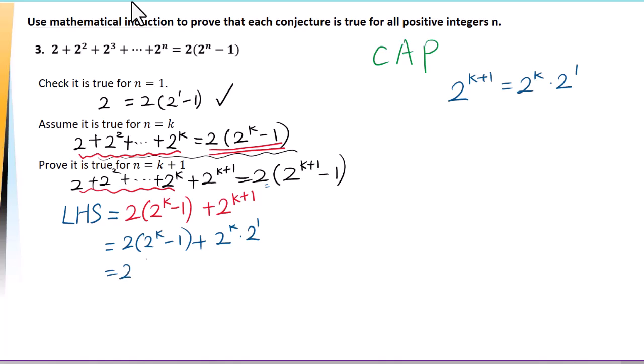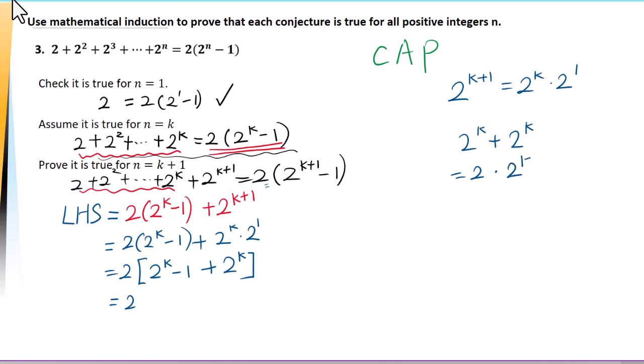Now I take a 2 out: 2 times (2 to the kth power minus 1, plus 2 to the kth power). 2 to the kth power plus 2 to the kth power equals 2 times 2 to the kth power, which equals 2 to the power of k plus 1. So we get 2 times (2 to the power of k plus 1 minus 1). This equals the right-hand side.